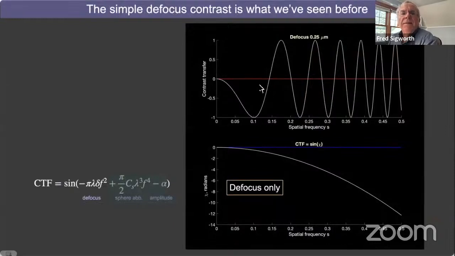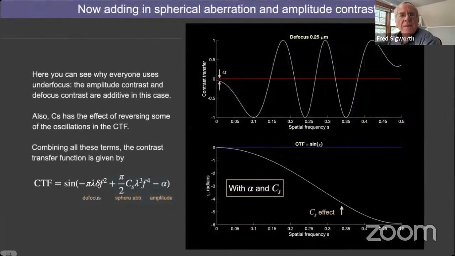Okay, so here's the plain vanilla defocus contrast transfer function. That's what chi looks like. There's the accelerating sinusoid. And now when we add these other terms, look what happens. So here's alpha. This is the amplitude contrast term. It means that we start out with a tiny bit of contrast at 0 spatial frequency thanks to that.